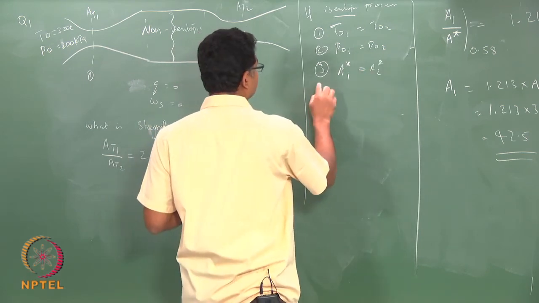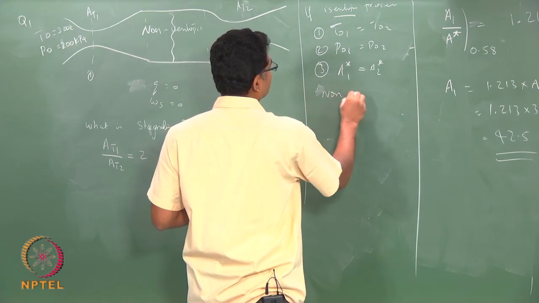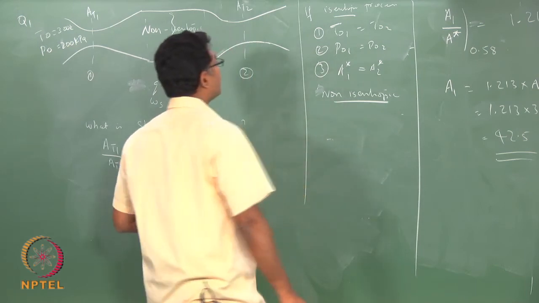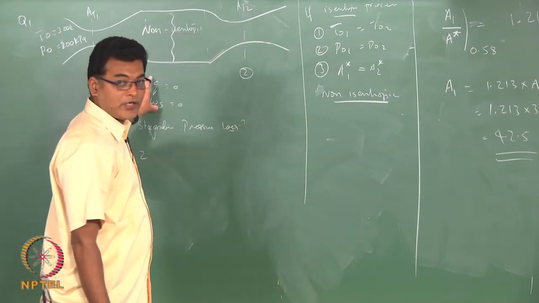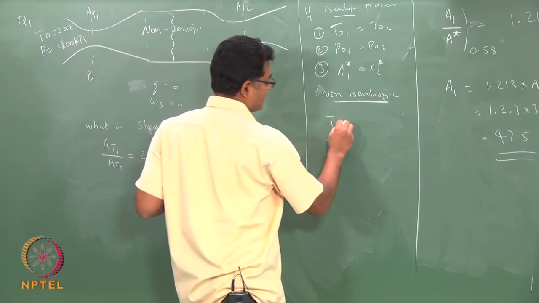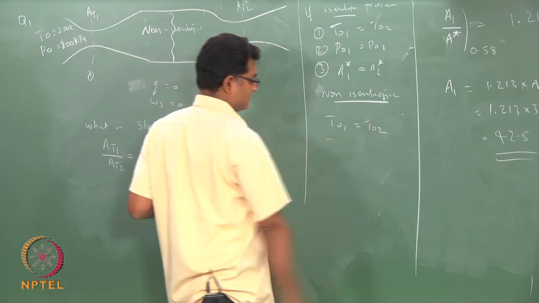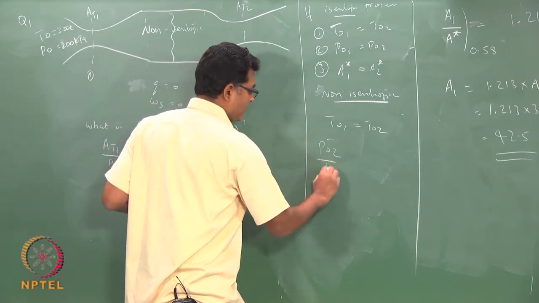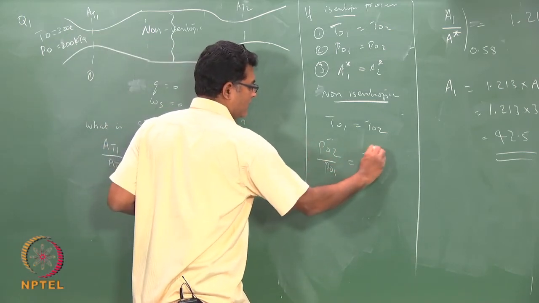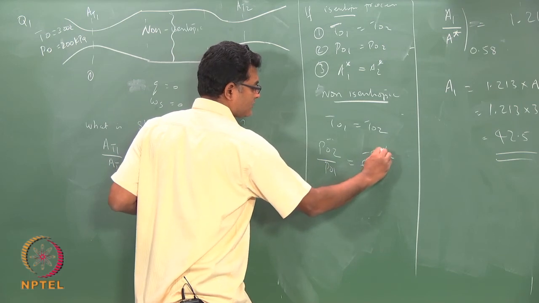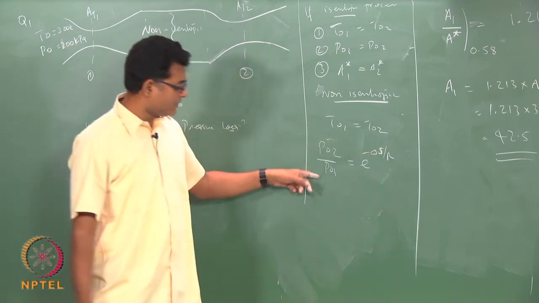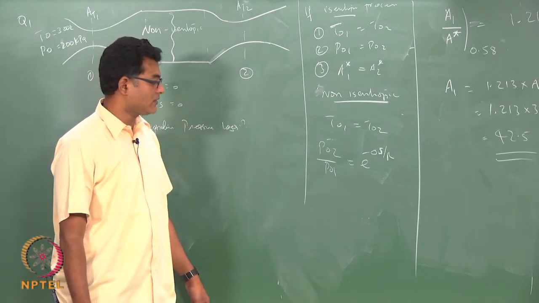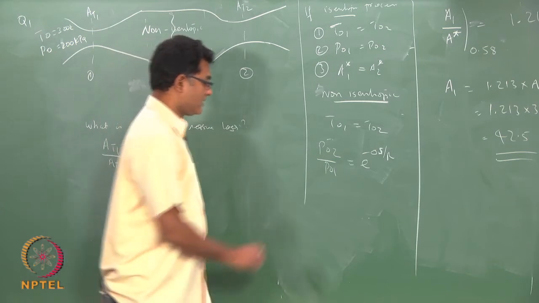But here it is non-isentropic. Since there is no Q and no shaft work, you can still write this, but P02 by P01 depends on your entropy change. Okay. So, this is your drop in your stagnation pressure. This is a non-isentropic process.